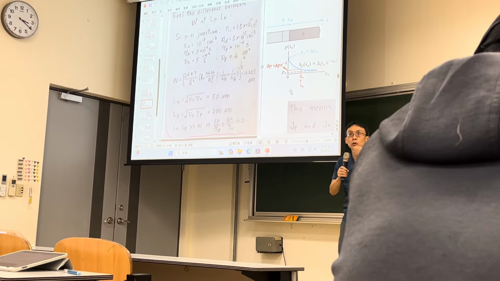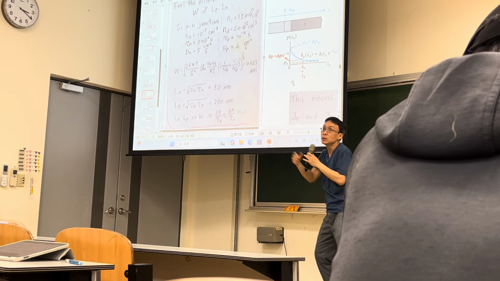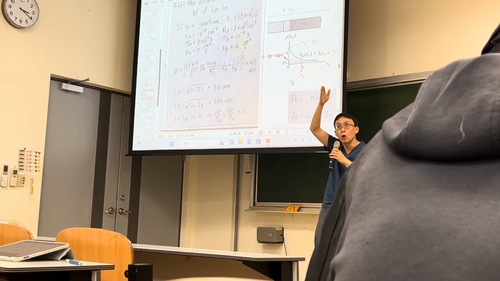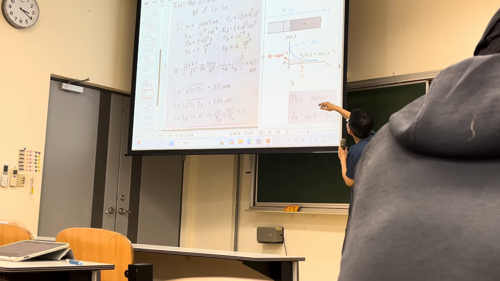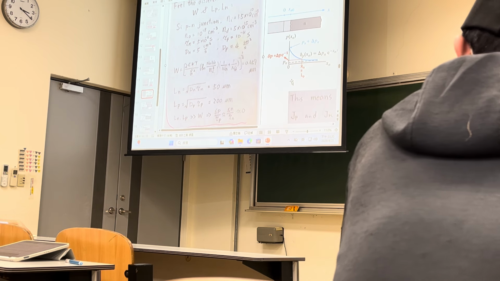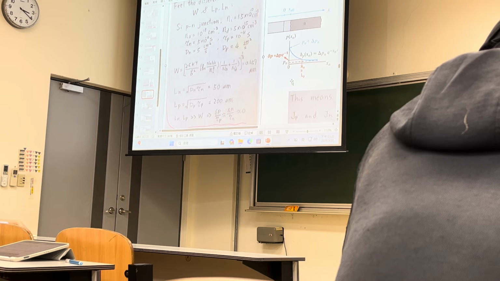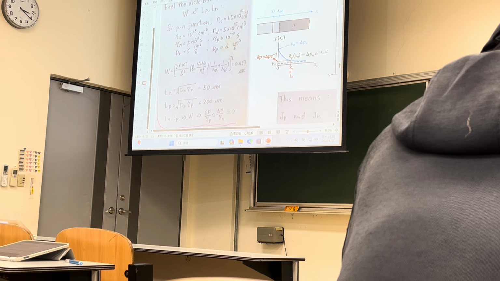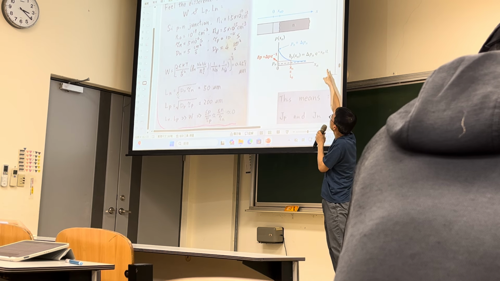So the diffusion length is the length here describing the distance over which the hole concentration decreases to how much? To 1 over 2.7. You see? That's the physical meaning of a diffusion length.